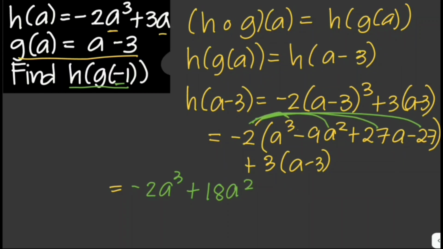Negative 2 times 27 is negative 54a. Negative 2 times negative 27 is positive 54. And then this one, 3, we distribute to a minus 3. So that is plus 3a minus 9.